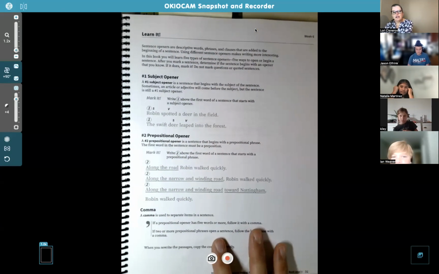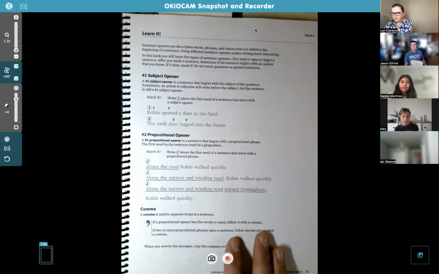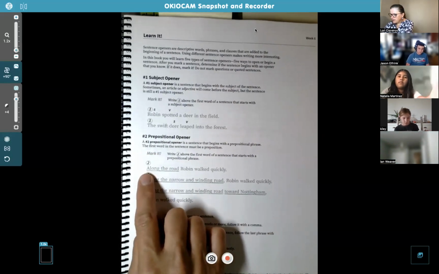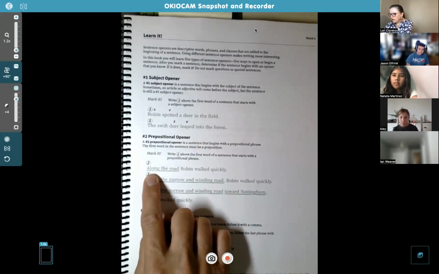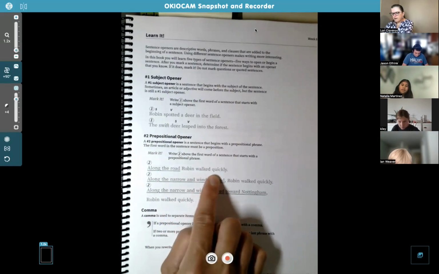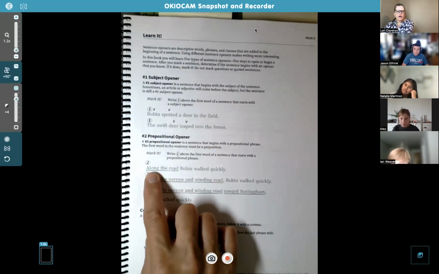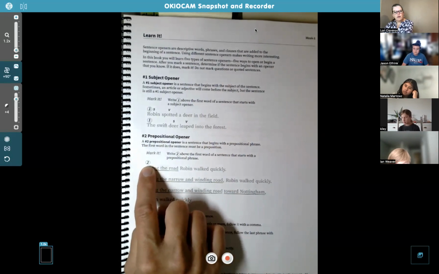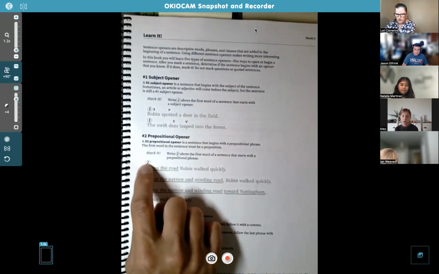So that'll help you identify these openers too. And you're going to mark it with a number 2, like this example here. Along the road, Robin walked quickly. So here along the road is the prepositional phrase. So we're going to label this a prepositional opener, which is a number 2 with a circle around it.